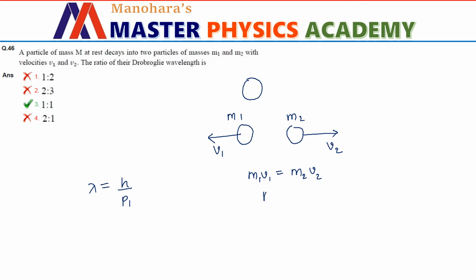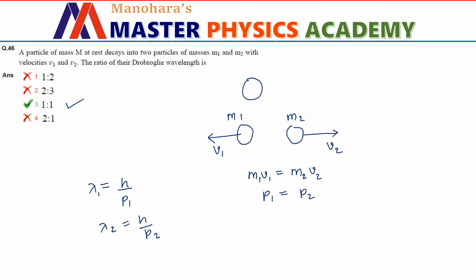Say here the linear momentum is p1 and here it is p2, and they are equal in magnitude. So the de Broglie wavelength of the first particle is h by p1. For the second particle it is h divided by p2. Both particles have the same de Broglie wavelength. Therefore the ratio is 1:1, which is also clearly depicted in the answer key provided by the official website.